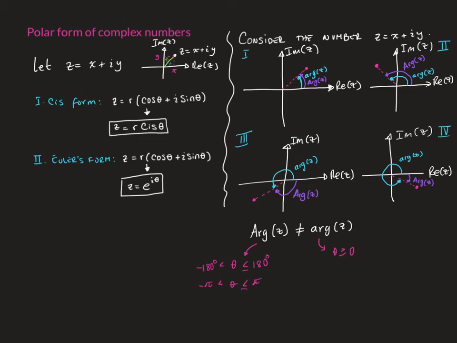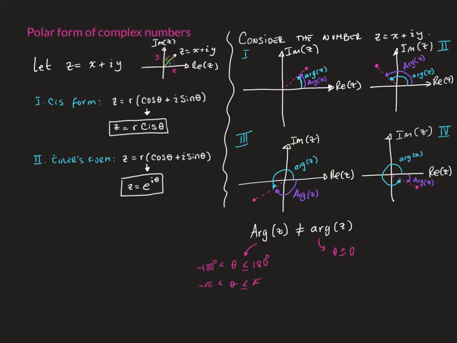Now notice two things. We are defining angles that go counterclockwise from the horizontal axis. We call those angles positive. So the argument in blue is always going to be a positive angle. It's always bigger than or equal to 0.